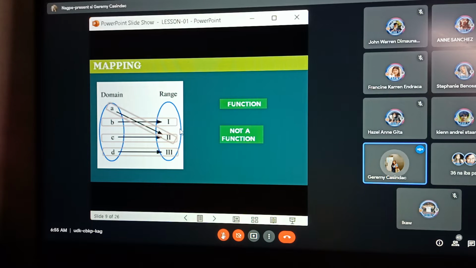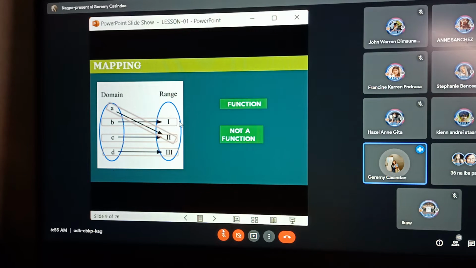Pero hindi tayo mamamroblema diyan sa range na yan. We can still identify na when it comes sa mapping, ang titingnan natin palagi is yung ating X values or yung tinatawag nating domain. Lagi nating babantayan na kapag ang one of the domain is nagdoble siya, or nag-repeat, therefore, hindi na natin siya matatawag na a function.